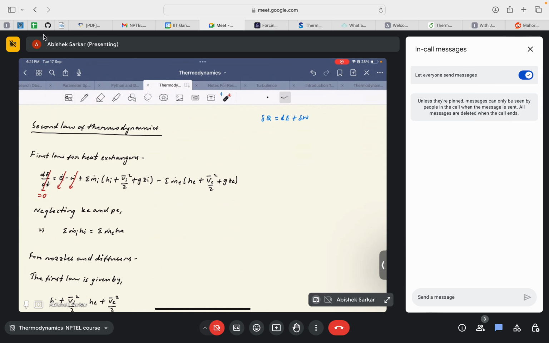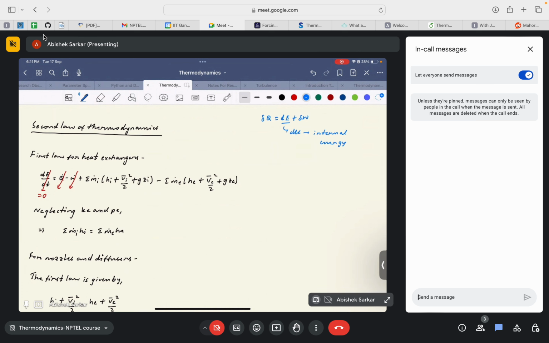And if we consider that the kinetic energy and the potential energy in the system are considerably low compared to the internal energy, this is basically equal to dU. So internal energy was introduced in the first law of thermodynamics.